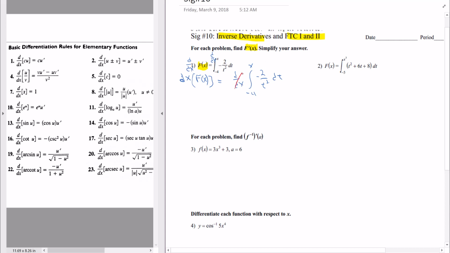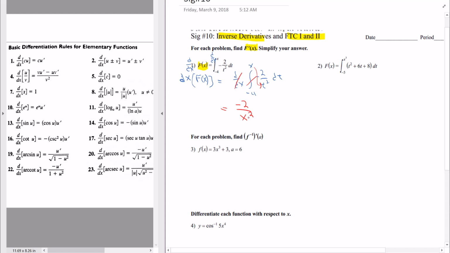So like this is going to cancel this. And the thing that happens is, if we had integrated this, we would have had to plug this x into that function at some point. And so the leftover equation would be a function of x. So this x is actually going to replace any t values we have in there, right? So what it ends up being is just -2 over x squared, right?